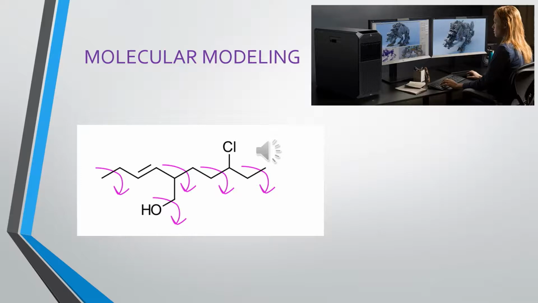And so we need the help of a computer. This is part of the area of chemistry called molecular modeling, which I have a background in, and which is fascinating. This is chemistry on the computer.